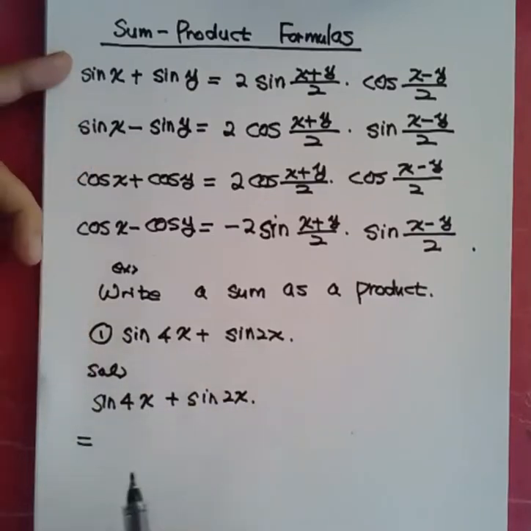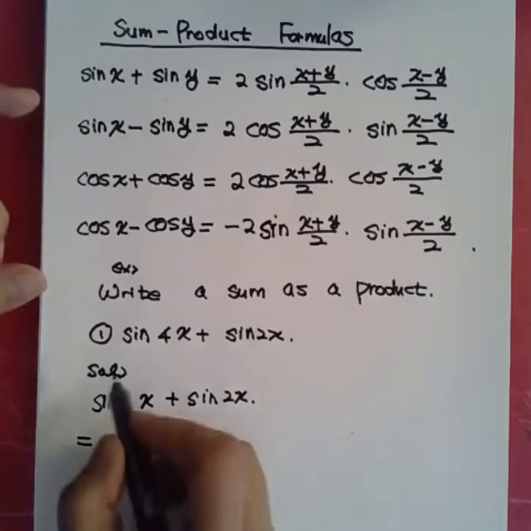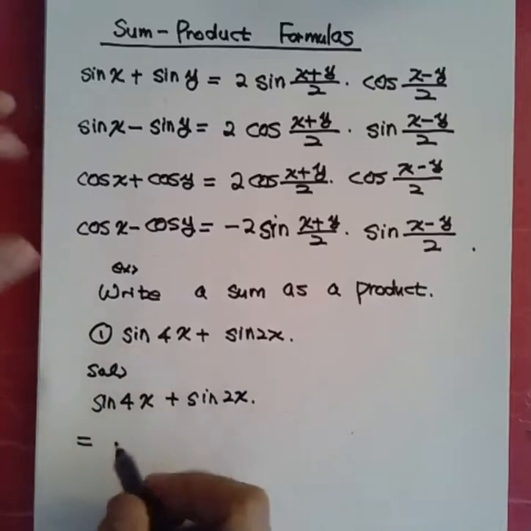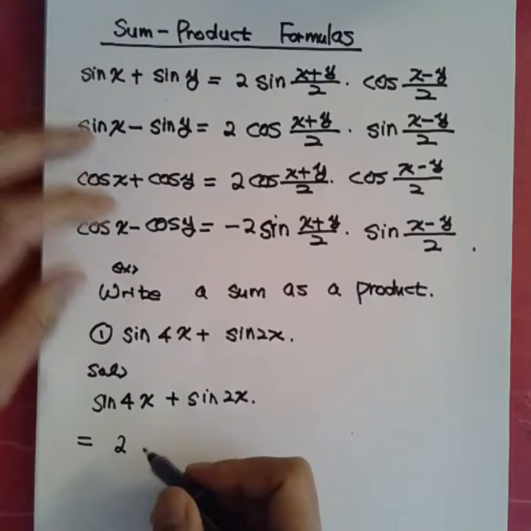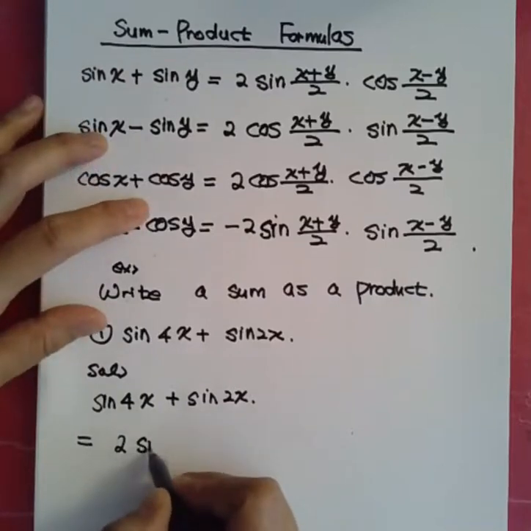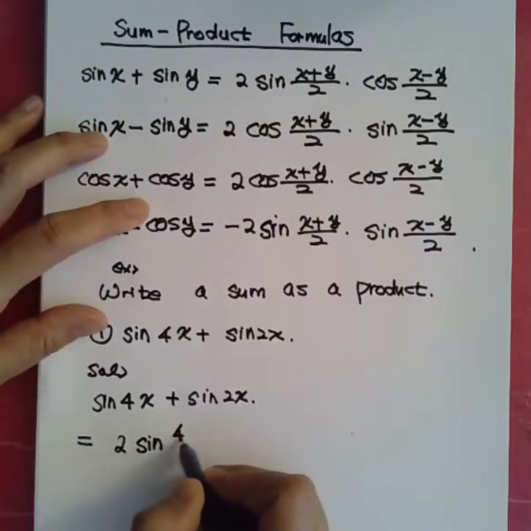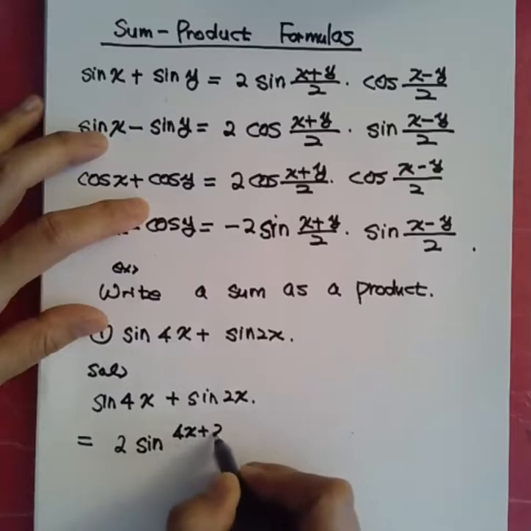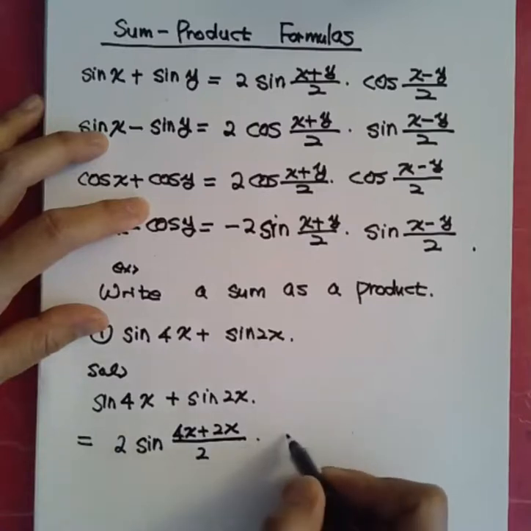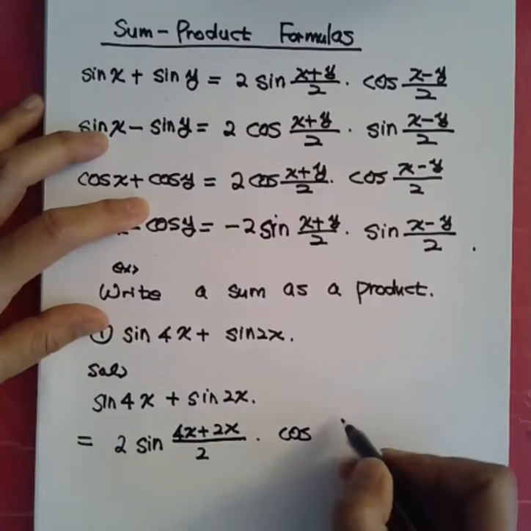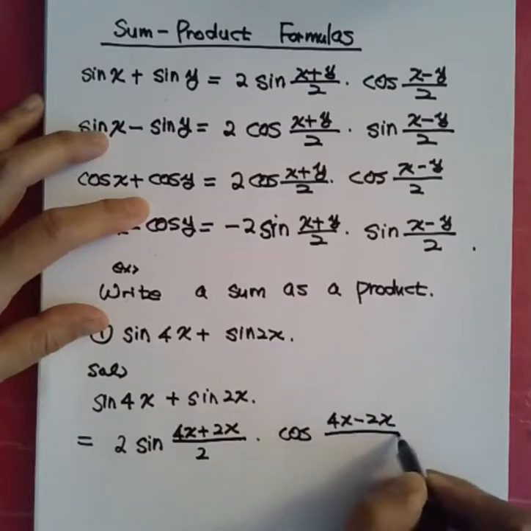The expression is in x and y, so it becomes a little harder to identify 4x as x, but let's interpret the equation. 2 times sine of the sum of two angles, 4x plus 2x over 2, times cosine of the difference, 4x minus 2x over 2.